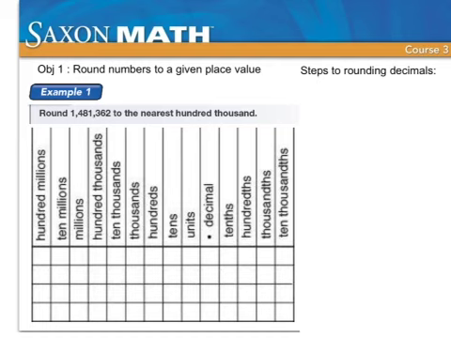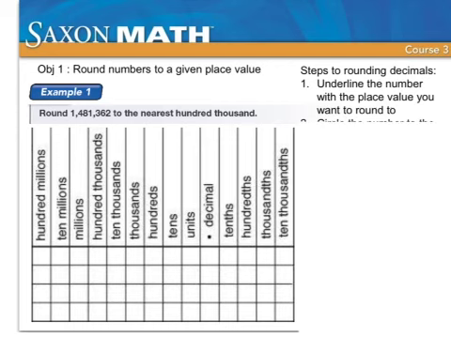Steps to rounding decimals. Step 1 is to underline the number with the place value you want to round to. I'm going to use the place value chart to help us out here when I fill in the number: 1 in the millions, 481,362.